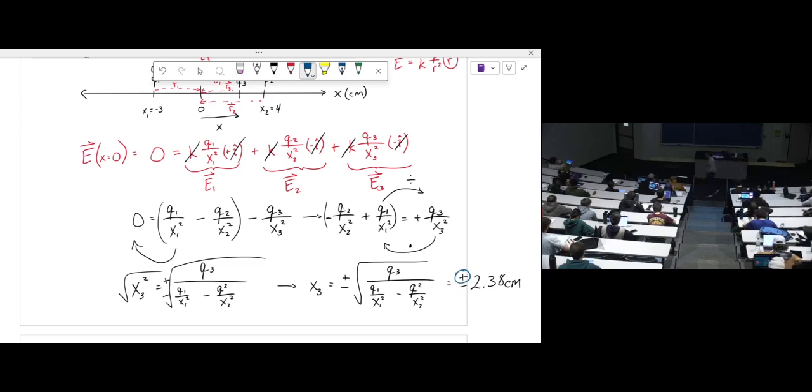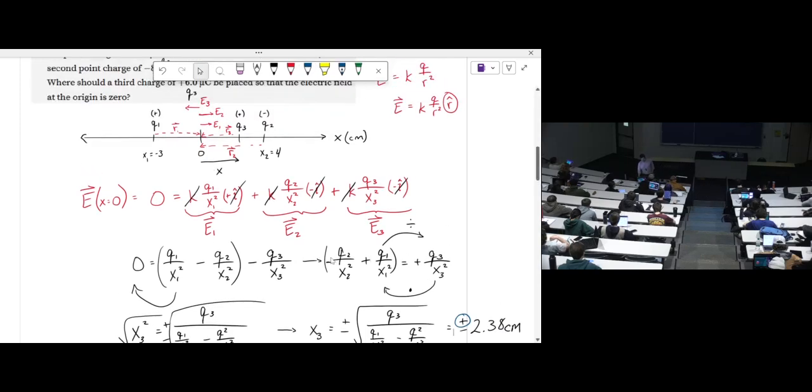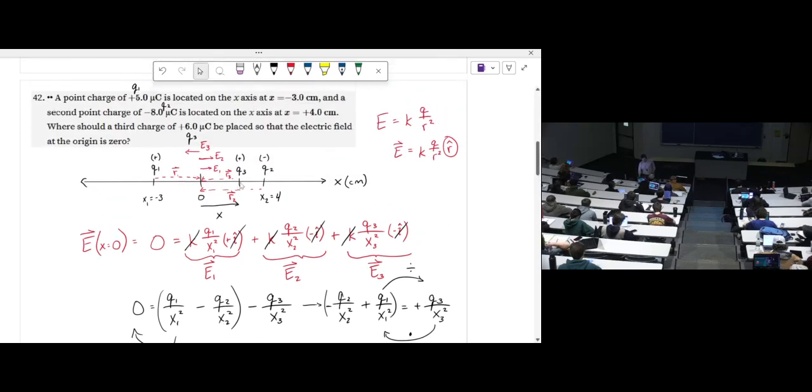So how do we know that the final answer is positive or negative? Again, this whole solution precipitated on the fact that we need to have a positive charge to the right here such that the field created by that charge at the origin is to the left to counterbalance both of these. Good question. It took us a long time to get here.